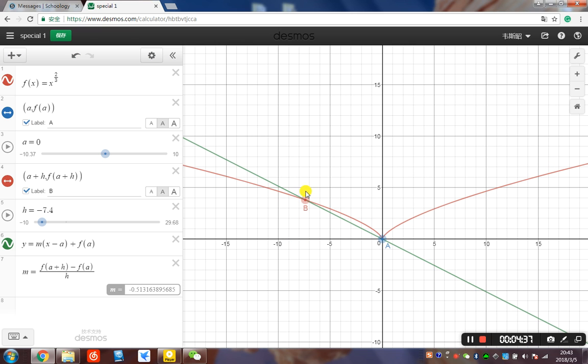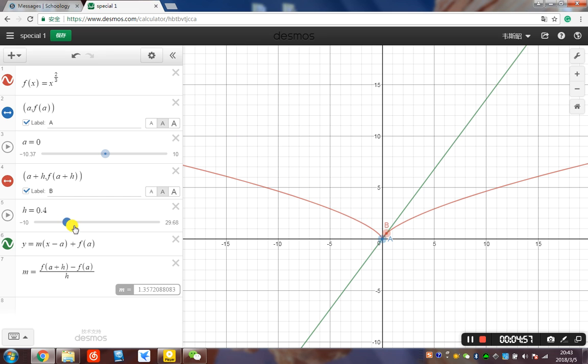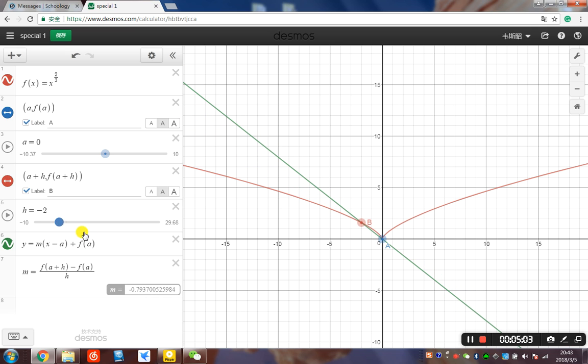So let's see, what if h is a negative number? Here is when h is a negative number. Let's take a look at the m value again. If we make it approach 0, it's getting smaller. Here it's negative 0.55, and as we make it approach 0, it's 0.79.